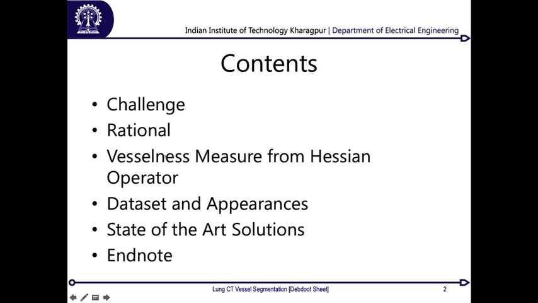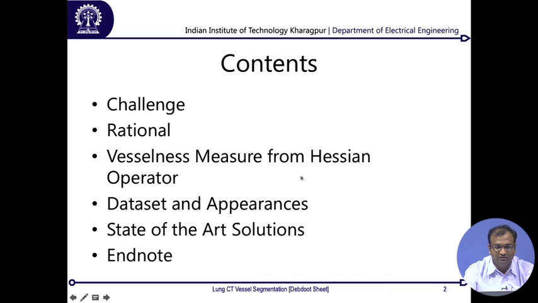From there I would enter into the clinical rationale and use of lung vessel segmentation. With that I would enter into something called the vesselness measure invented by Alejandro Frangi, and this is one of those seminal papers which gives you a clear idea of how, in the early days, people worked to segment out vessels in 3D.